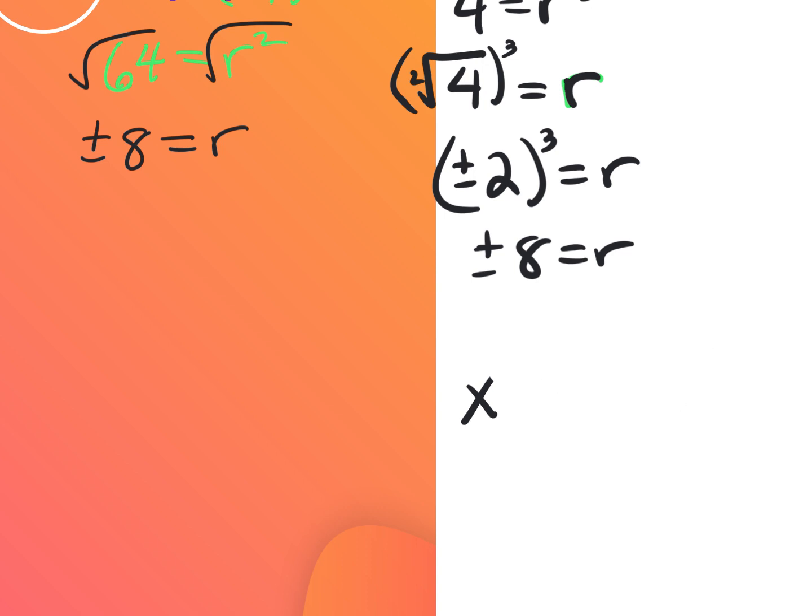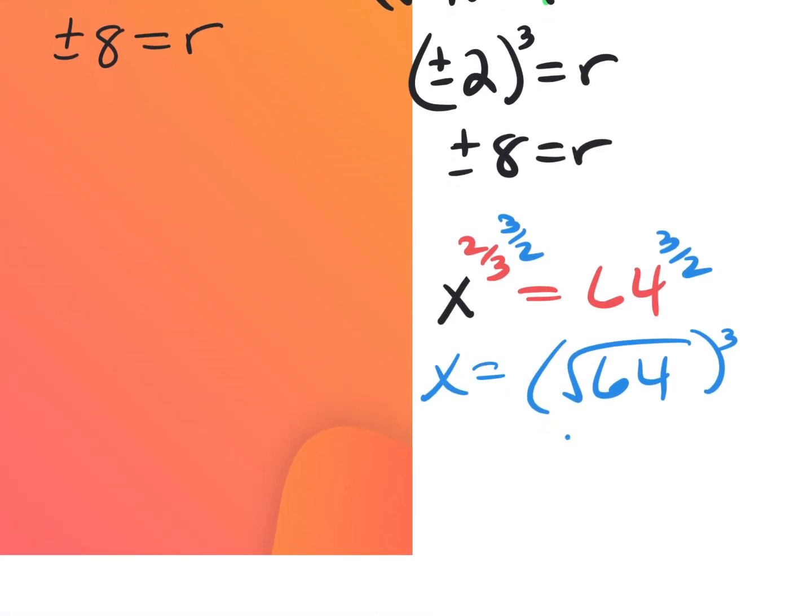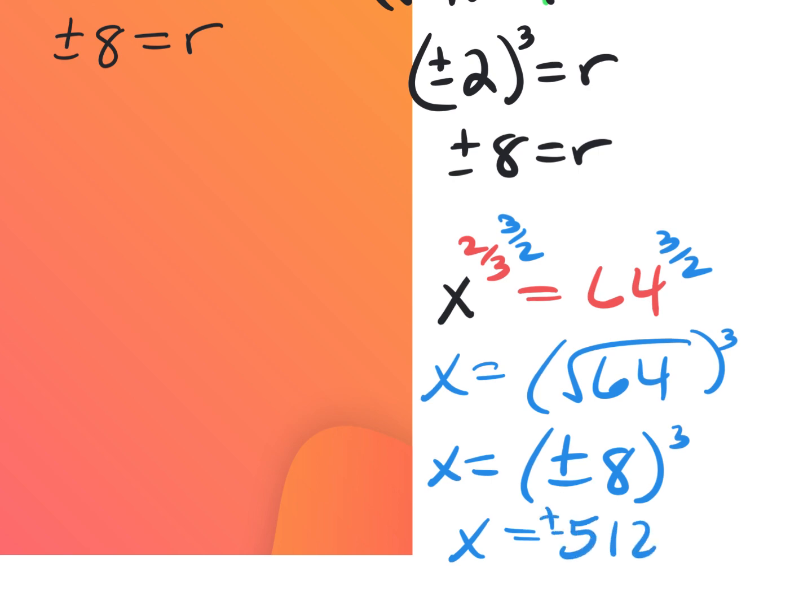So here, if it was x to the 2/3 equals 64, then multiply it by the reciprocal, do the square root of 64, and then cube it. Granted, it's still big, but you're only doing 8 to the third power, and 8 times 8 is 64, and then one more time, plus and minus 512.